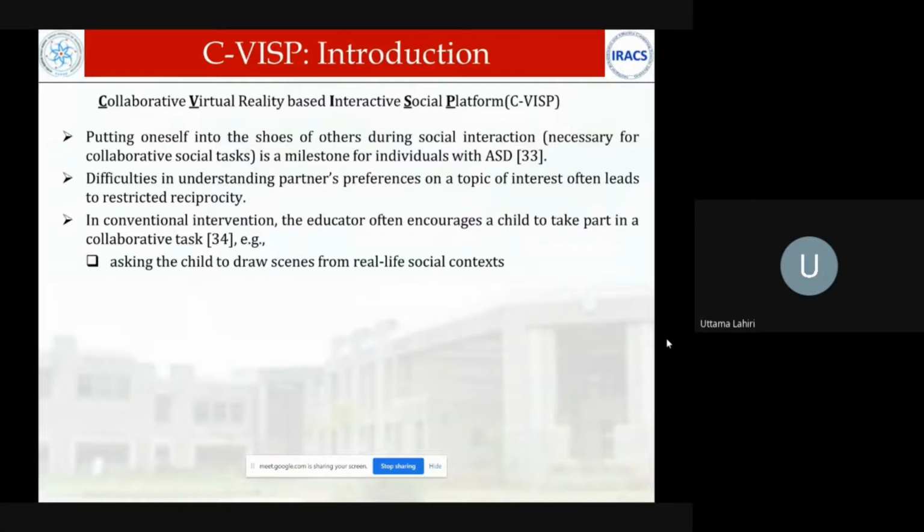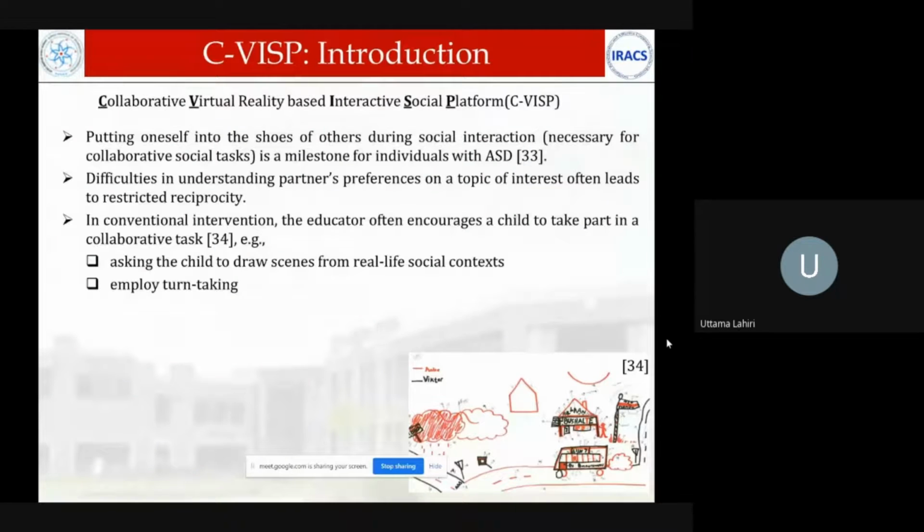What will the therapist do? The therapist will tell the child to draw scenes from real life social context. For example, say the child draws a school bus, right? So the therapist might draw, okay, then there is smoke coming up from this school bus. Say the child draws, okay, the school bus is going on a road, then the therapist will draw signs on the road, right? So in this way, the story will proceed.